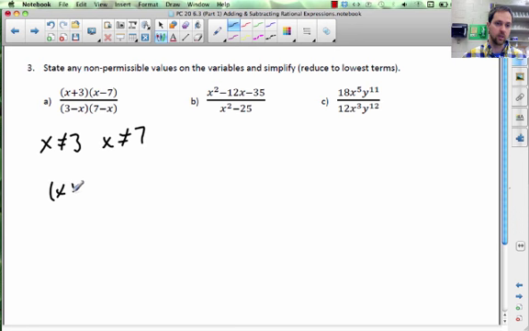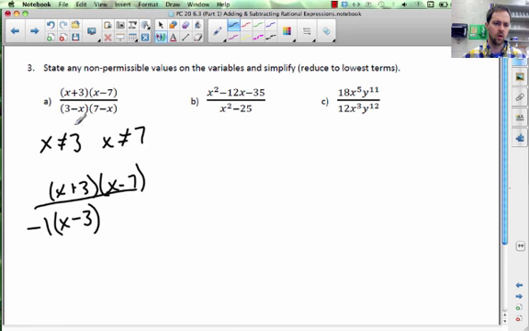So in the numerator we can leave it as x plus 3 times x minus 7, and in the denominator we can take out a -1 and turn the first term into x minus 3, which doesn't really help us.